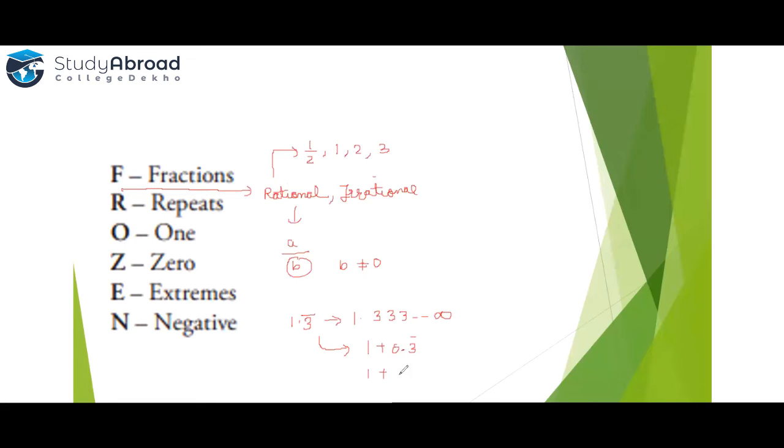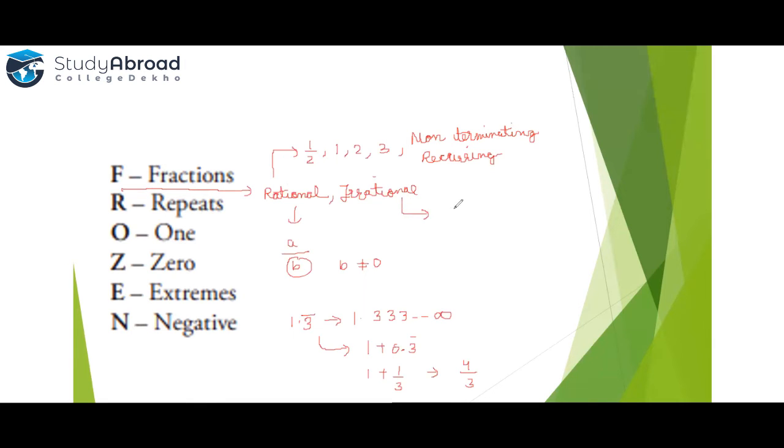So 1 plus 1 by 3 gives me 4 by 3. Now basically these numbers can be converted into fractions. So rational numbers can also be terminating decimals, which are definitely rational numbers, and non-terminating and recurring decimals, that means they get repeated with a specific pattern of repetition, and that is a rational number.